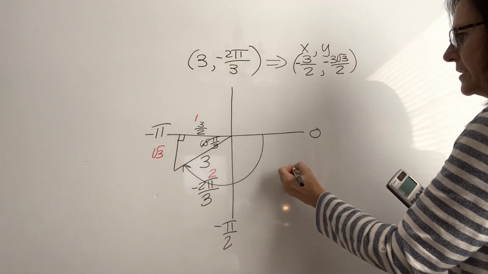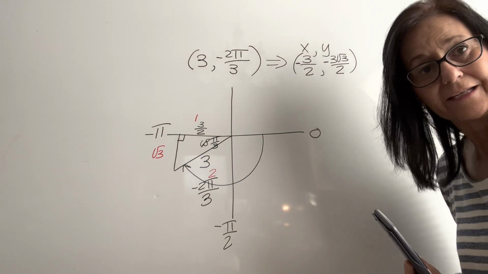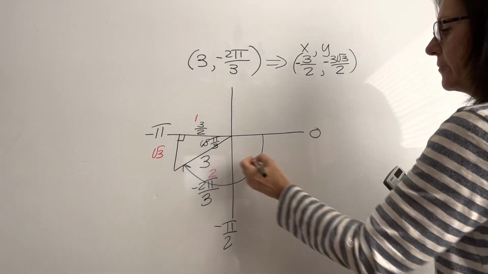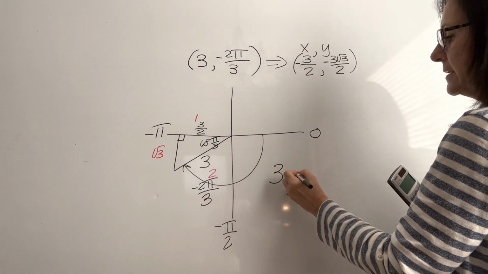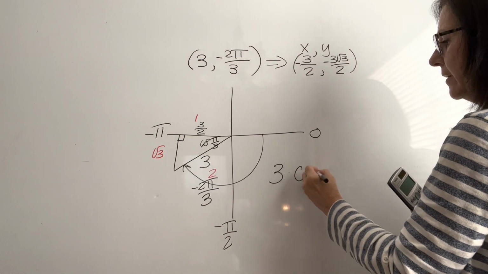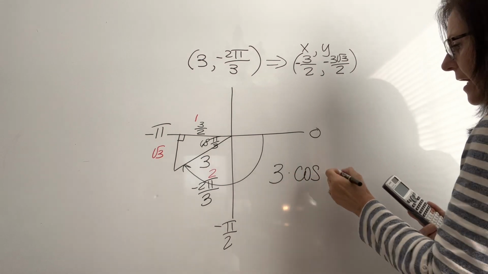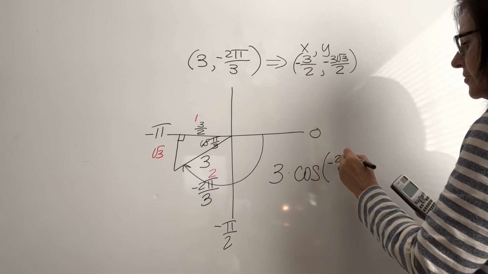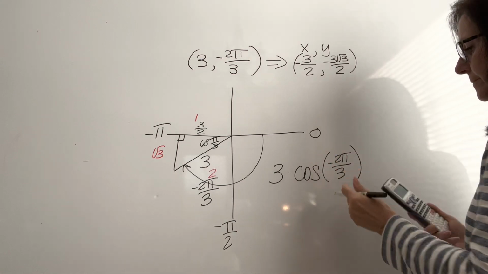What if it wasn't a 60-degree angle? We're going to use the tan, all right? I mean the sine and cosine. So the r value times the cosine, and I think you can do negative 2 pi over 3.